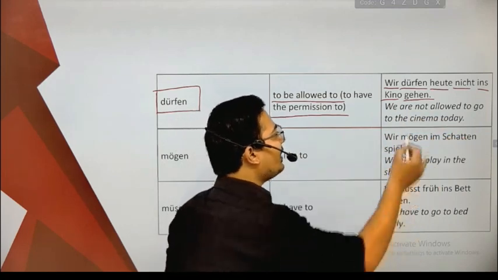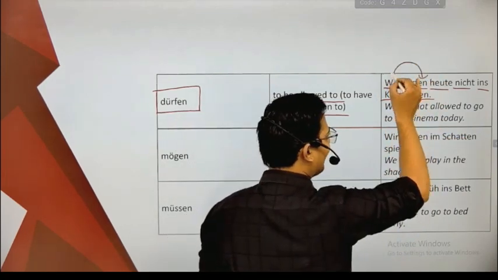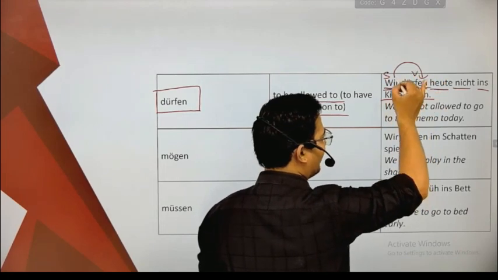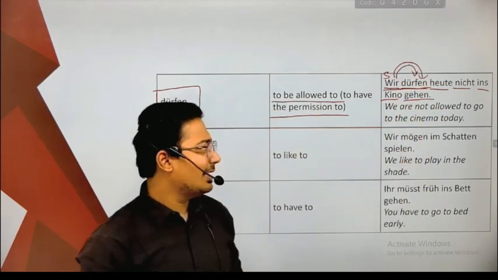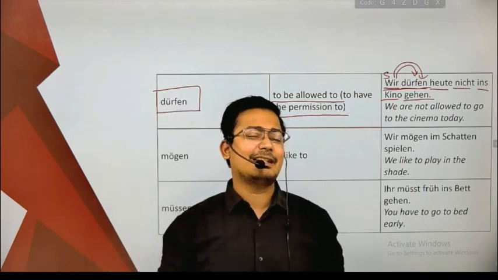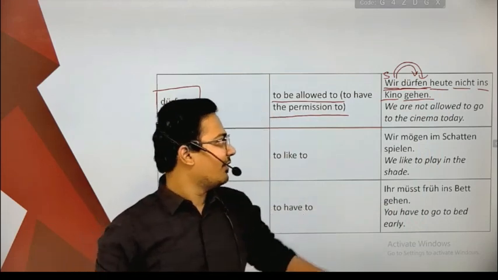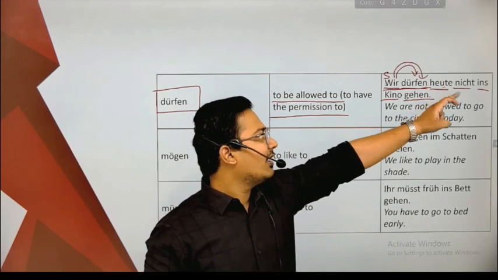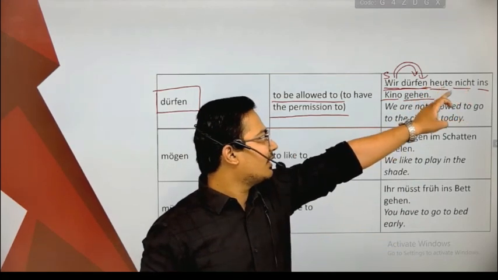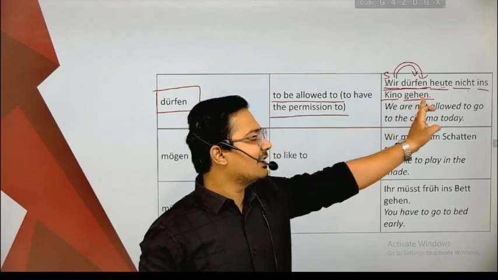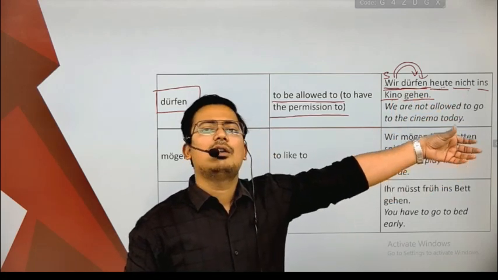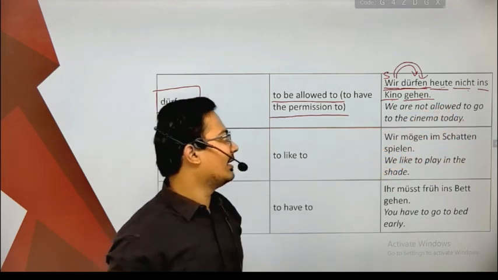The subject is wir, so the verb is dürfen. Heute is today, nicht is not, Kino is theater, gehen is go.